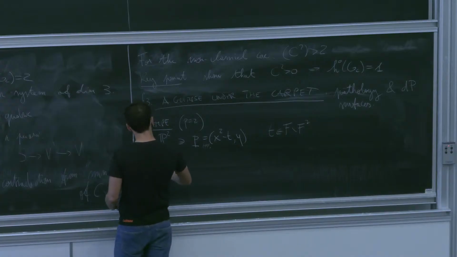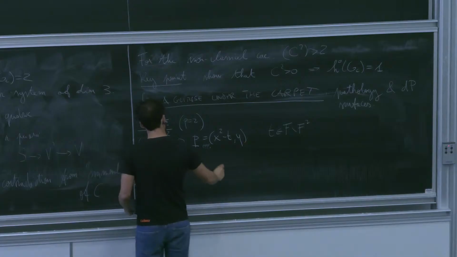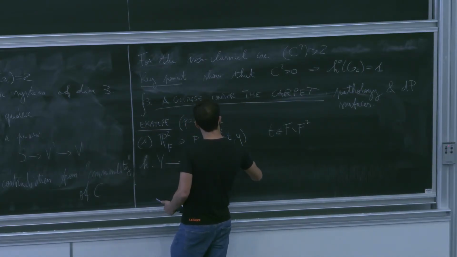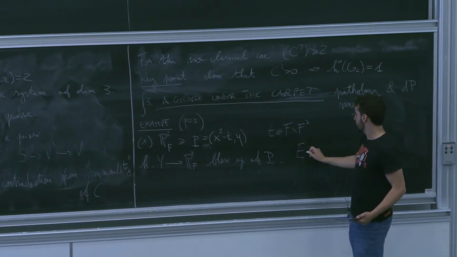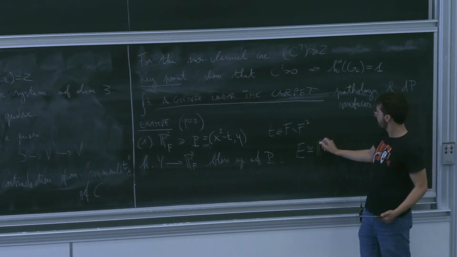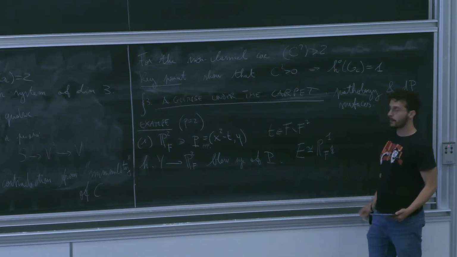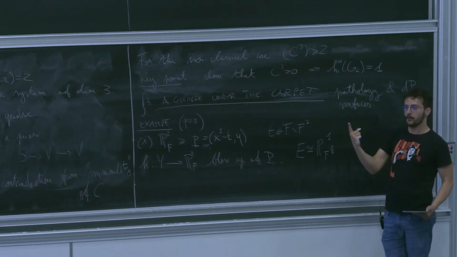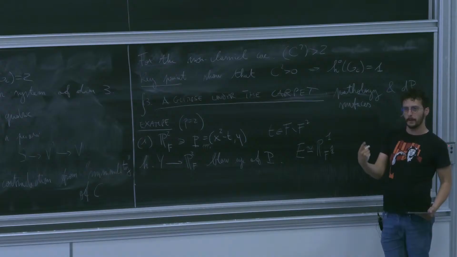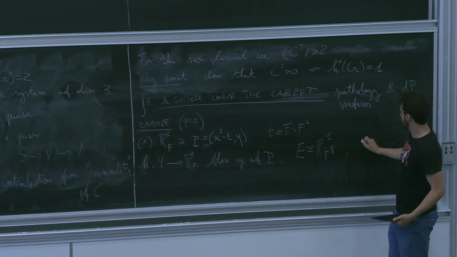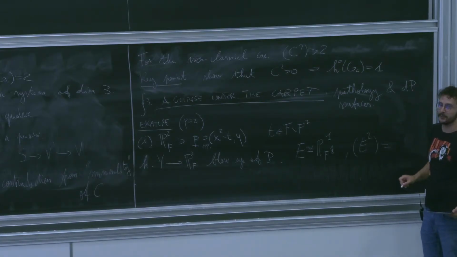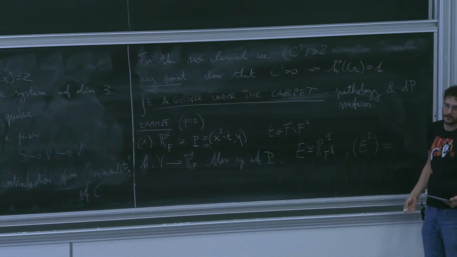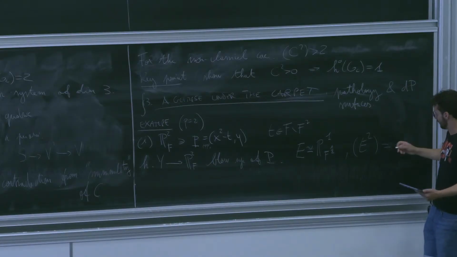So notation: over P2 over F, the blow up of P. If you do your nice calculation, it turns out that E is a P1 over F^(1/2), so this is a P1 over a degree 2 extension of F. And E squared, let's see if you can guess how much this is in characteristic 2. This is coming from a blow up of a point. It's going to be minus not 1, but minus 2.